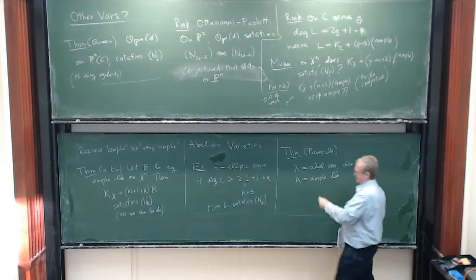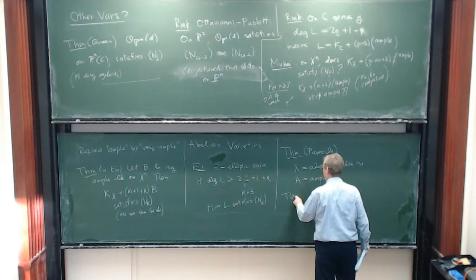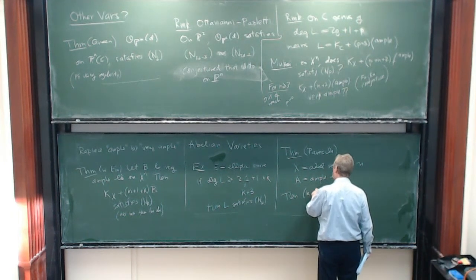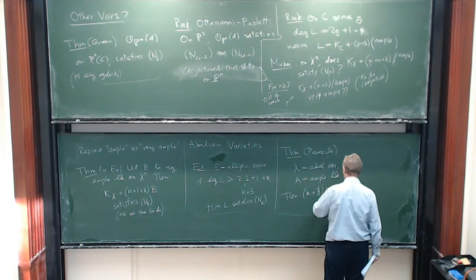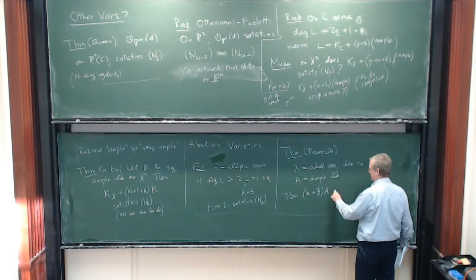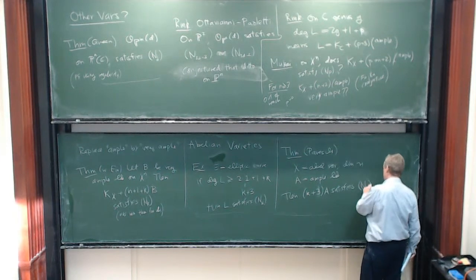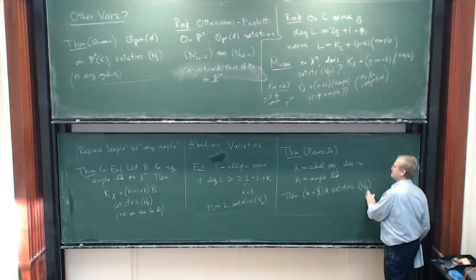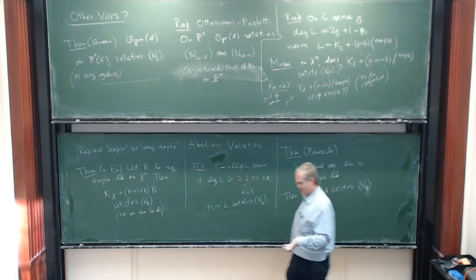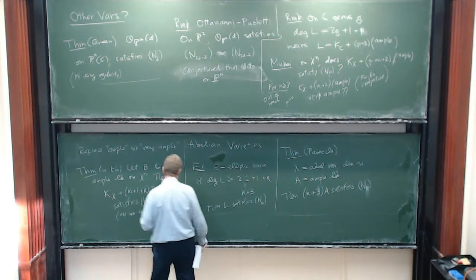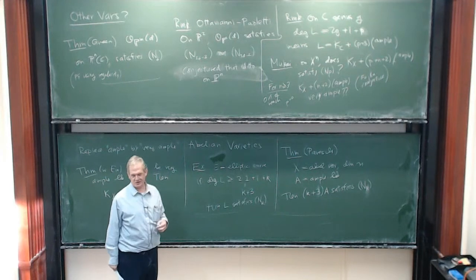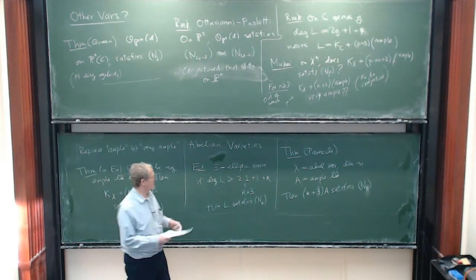And then the theorem is just this: then k plus 3 times A satisfies property N_k. So in other words, you get exactly the same statement as you do on elliptic curves, but of course it's a much harder thing. And this is probably the hardest of these.